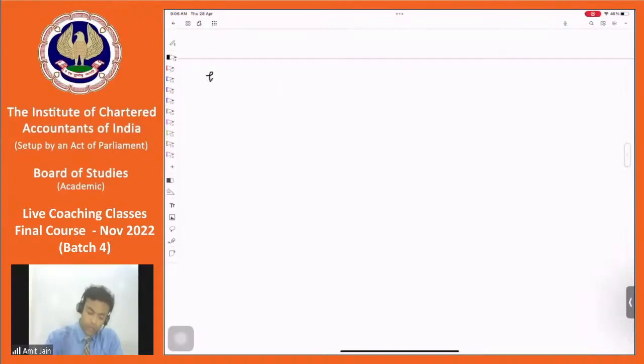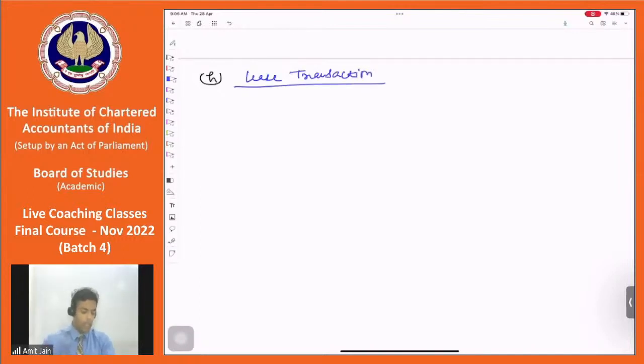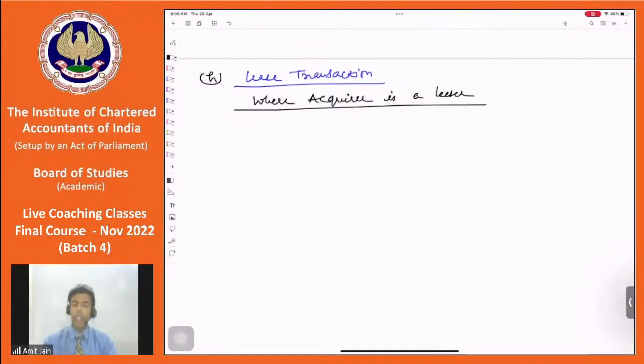Another exception. What is that? Lease transaction, where the acquiree is a lessee.